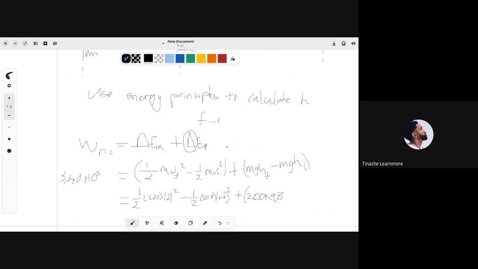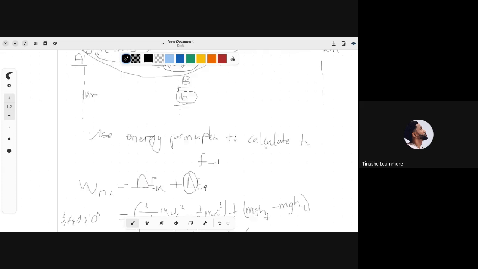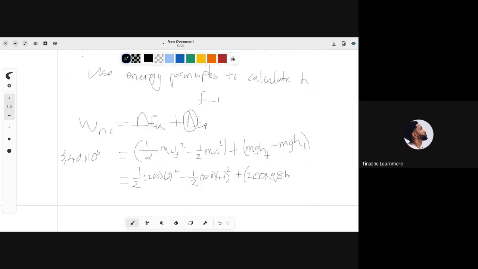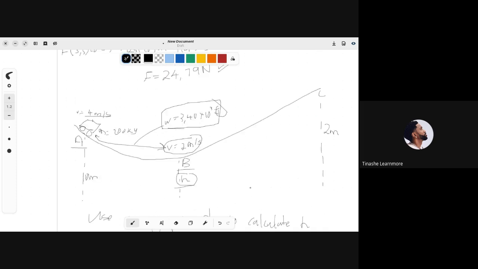And then I have the final height, which is this one. So that's the height that it was finally, minus the initial height, which was the height at A, because remember it's moving from A to B. So then here I'm going to have the very same 200 times 9.8, and then the initial height, which was the height at A, which is 10.